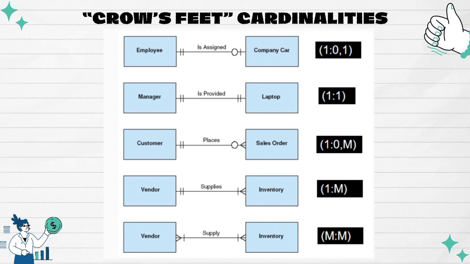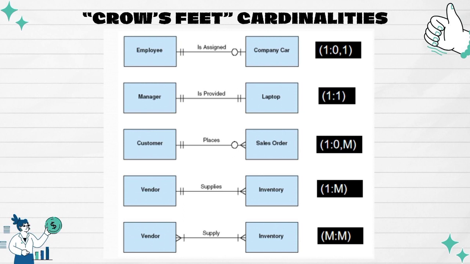From the perspective of the sales order entity, however, every record is associated with one and only one customer. The crow's foot symbol, which gives this form of notation its name, depicts the many cardinality at the sales order end of the association line.